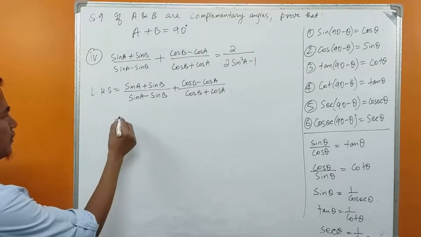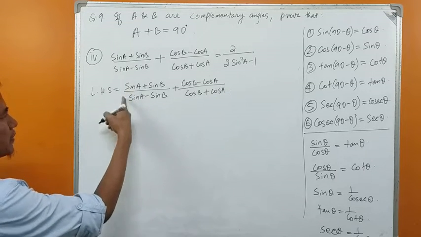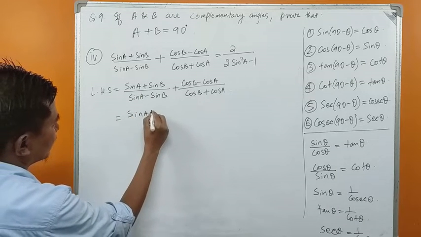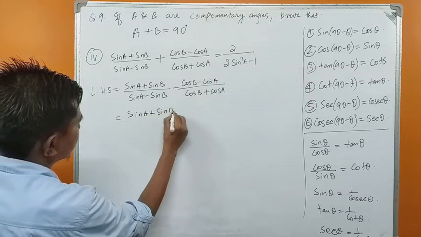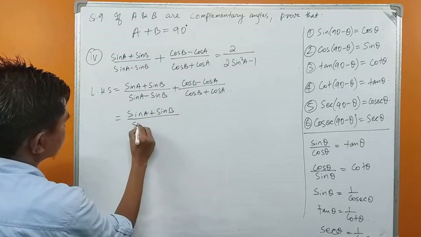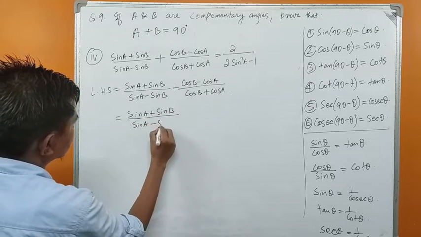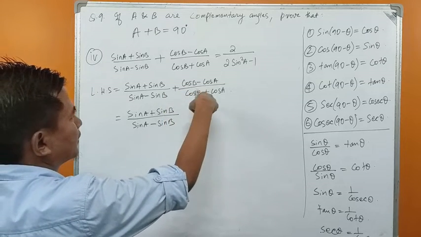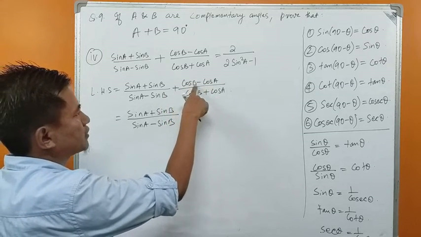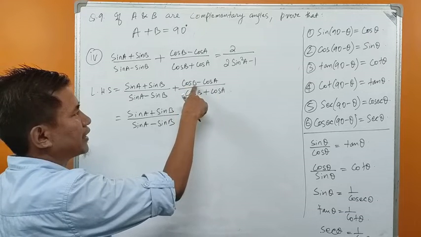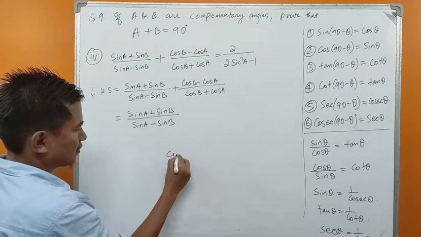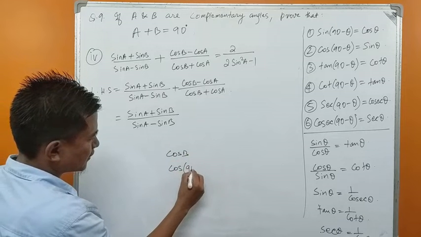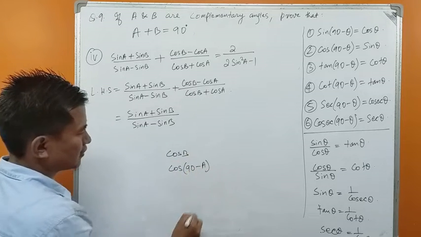So let's copy this as it is. Sin A plus sin B upon sin A minus sin B. Now let's change these numbers to sin. Cos B means cos 90 minus A, isn't it?